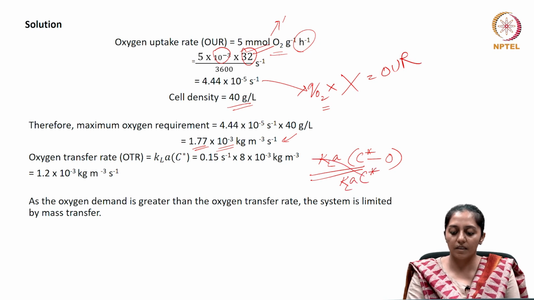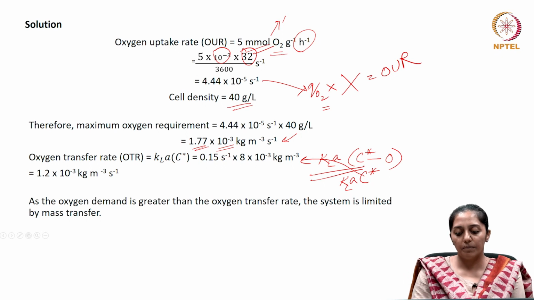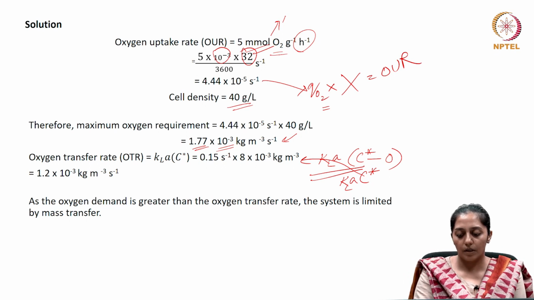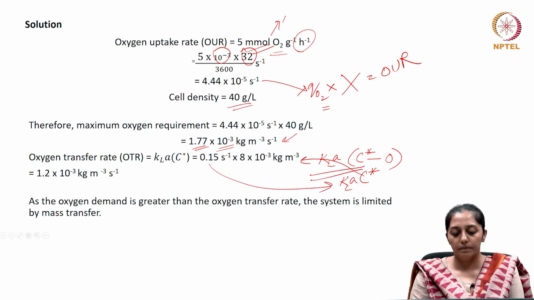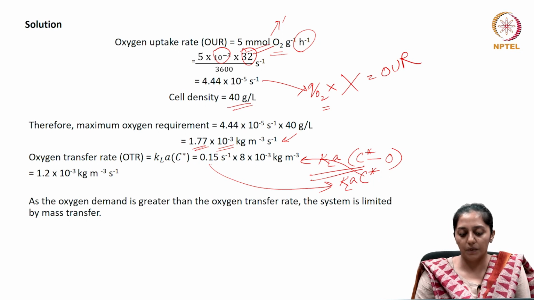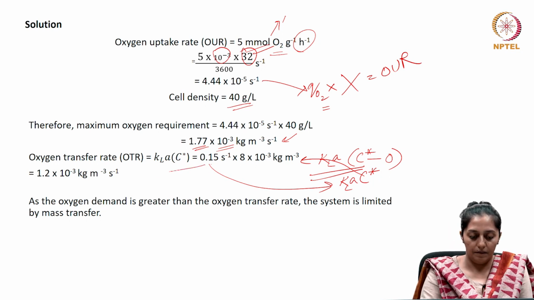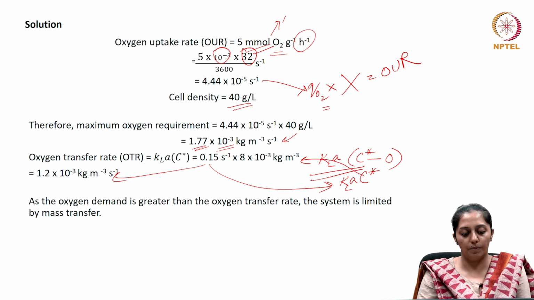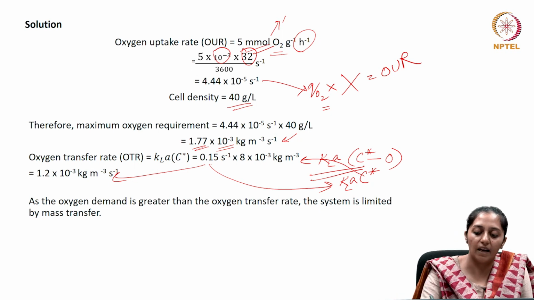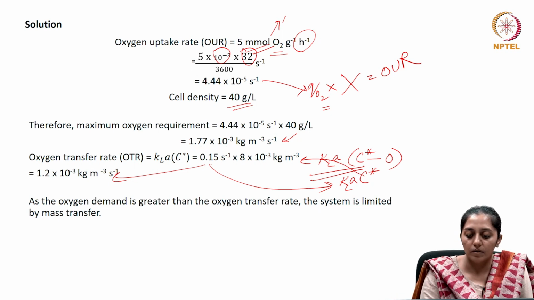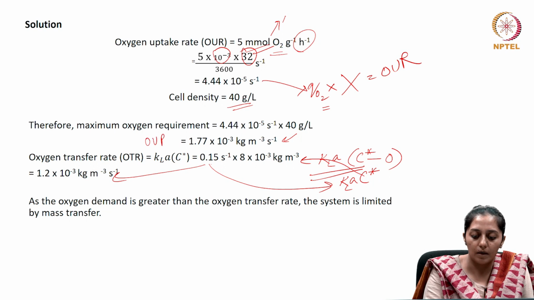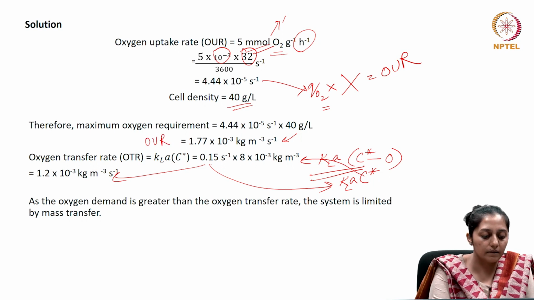Now, C star is given to us as 8 ppm and your KLa is 0.15 second inverse. So, this again gives us 1.2 into 10 to the power of minus 3 kg per meter cube per second. Now, if you compare the OTR with the OUR value, this is our OUR and this is OTR.